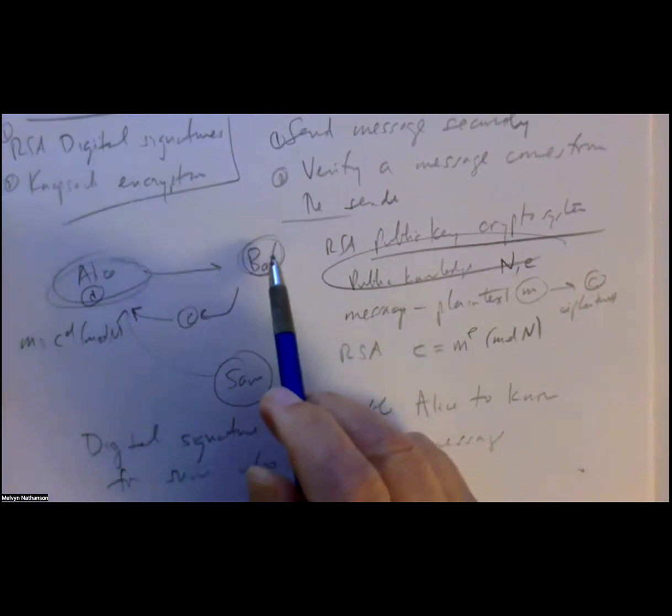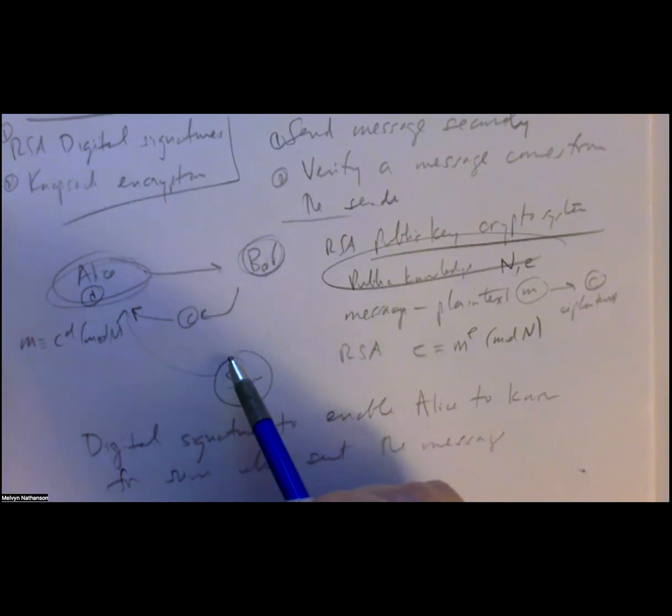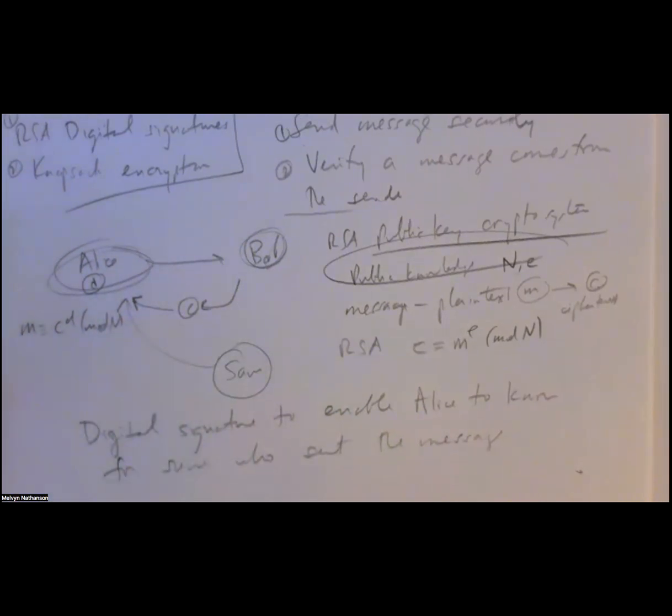Now, of course, the message can say, I'm Bob, send me $1 million. But anyone can say that. You don't know it's from Bob. There has to be a way to verify who the sender is. So that is the problem of creating digital signatures. And this is considered at least as important, maybe more important, than being able to send a message securely. You have to know who is sending the message.